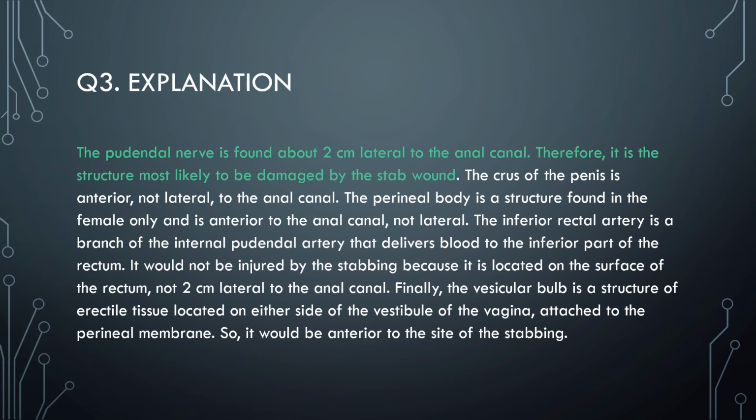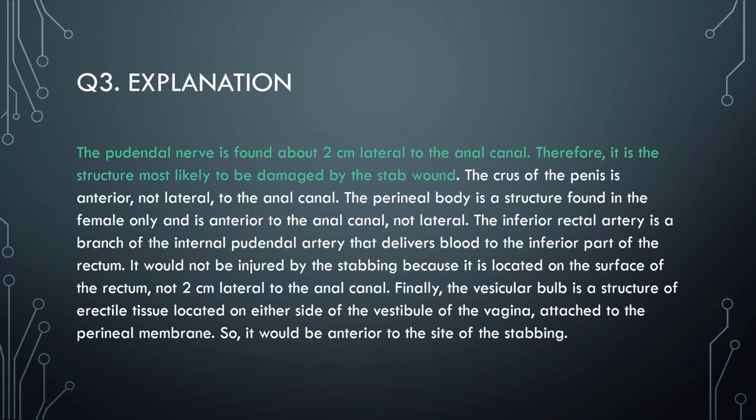The perineal body is a structure found in females only and is anterior to the anal canal, not lateral. The inferior rectal artery is a branch of the internal pudendal artery that drives blood to the inferior part of the rectum. It would not be injured by stabbing because it is located on the surface of the rectum, not 2 cm lateral to the anal canal.